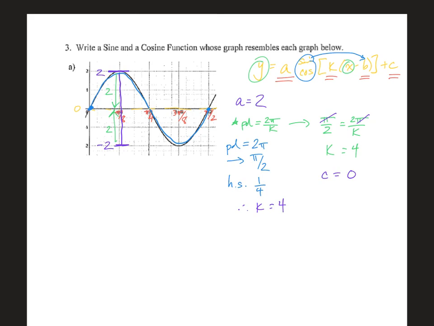Okay, I want to come back to the decision and how we find our phase shift. Well, first off, I think I would always want to build the equation that would require the least amount of work. And what that means in our head, I don't know. But for me, what that means is if I can avoid a phase shift, I'm going to avoid a phase shift. And so I think about the starts of my graphs. I know that my sine curve always starts in the middle and rises.